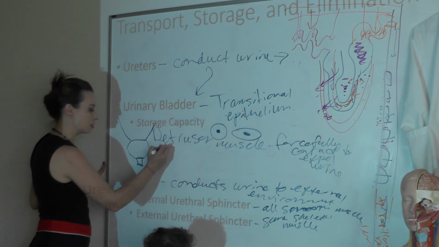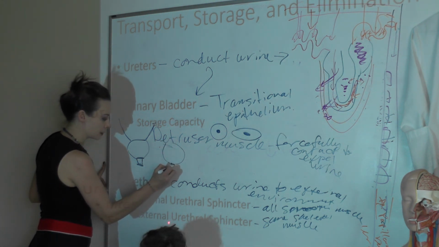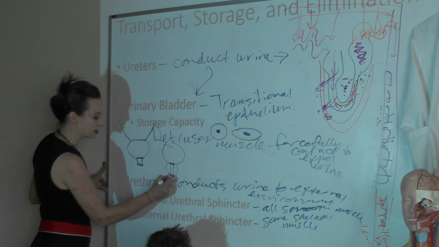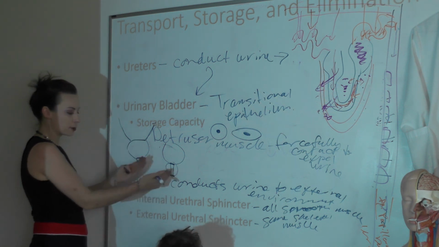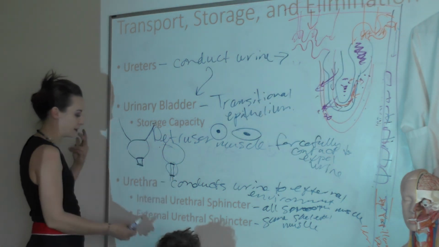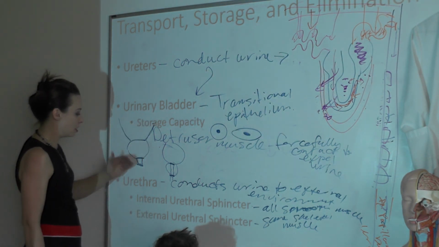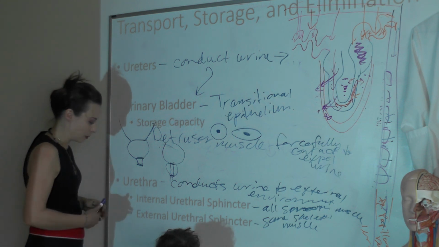In males, their internal urethral sphincter is right there at the base of their bladder, but then their urethra has to pass through their prostate gland before we get to the external urethral sphincter. So there's not as much pressure on that, so they don't tend to have as many failures of the external urethral sphincter as females do. So just an interesting thing to be aware of.